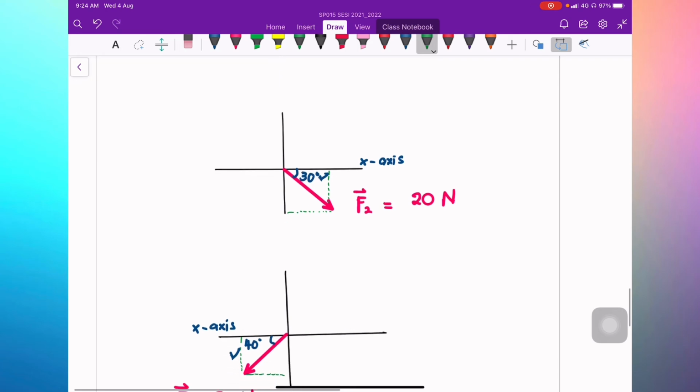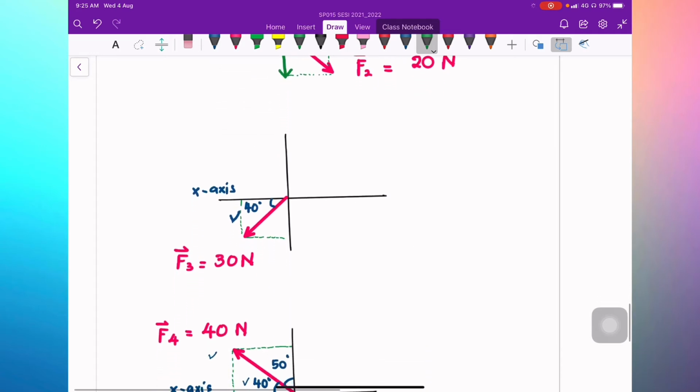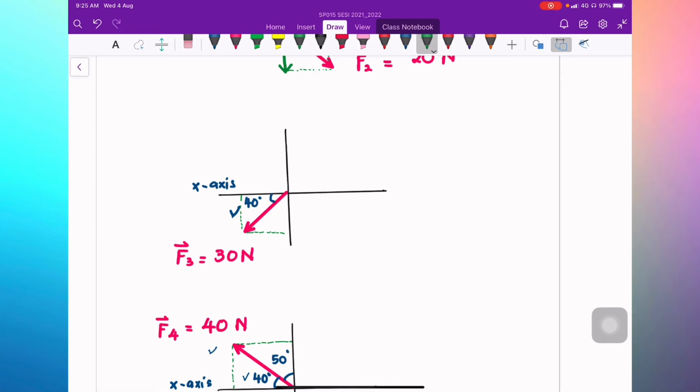Alright, next. What about this example? When we want to resolve at y, it should be like this. This is resolving at x. For this kind of example, this is the resolving vector at x, and this is the resolving vector at y.